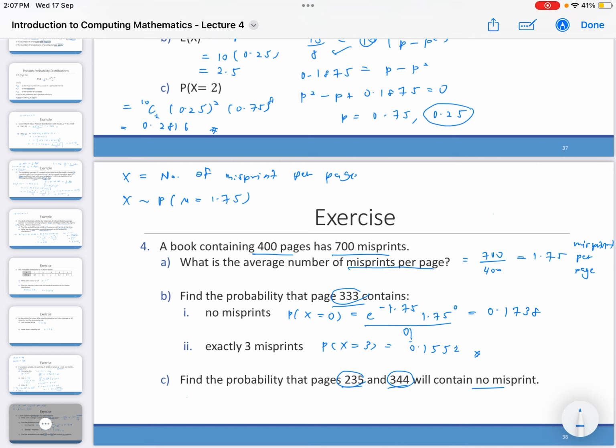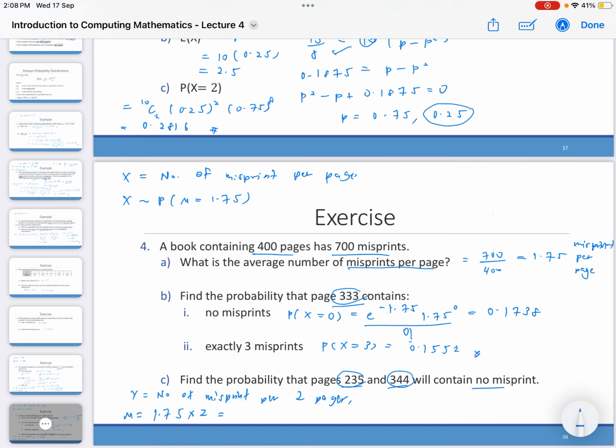So we define y as the number of misprints in 2 pages.